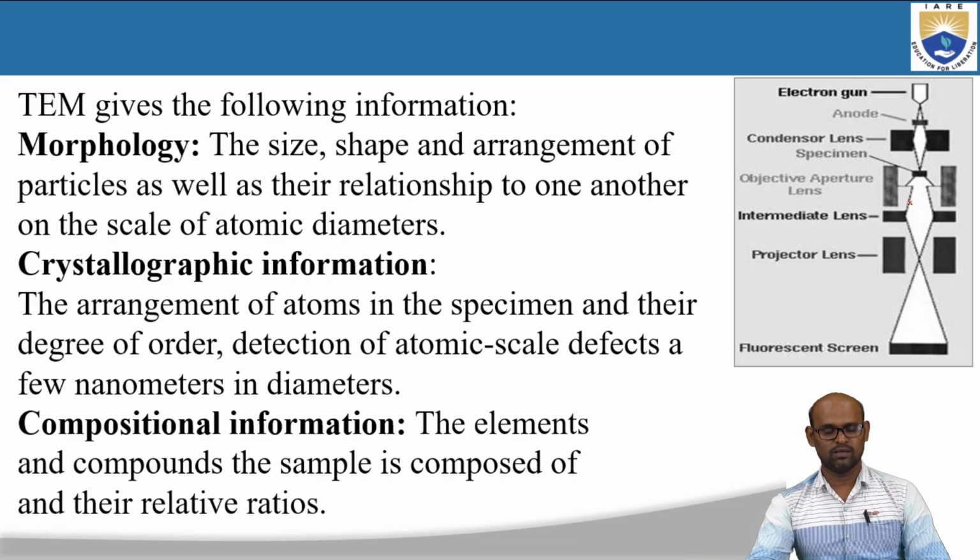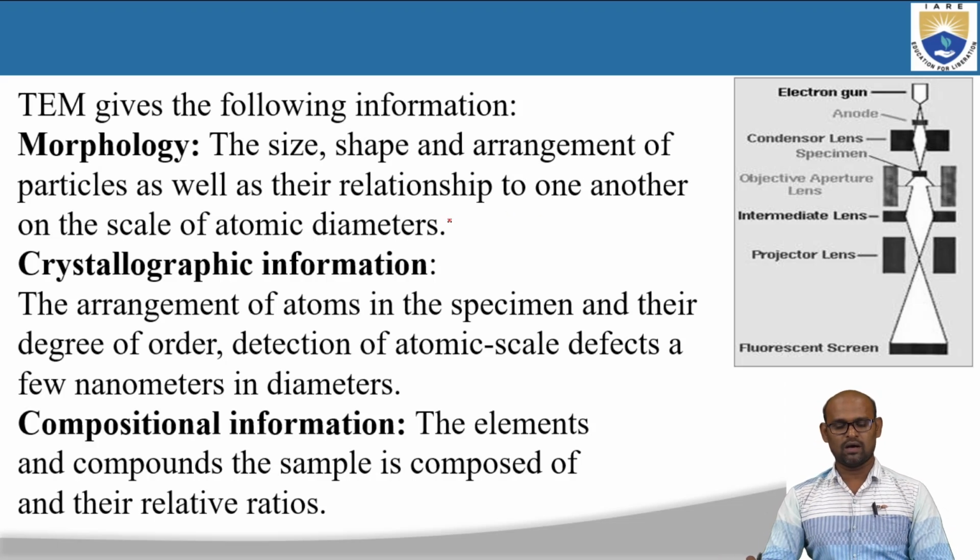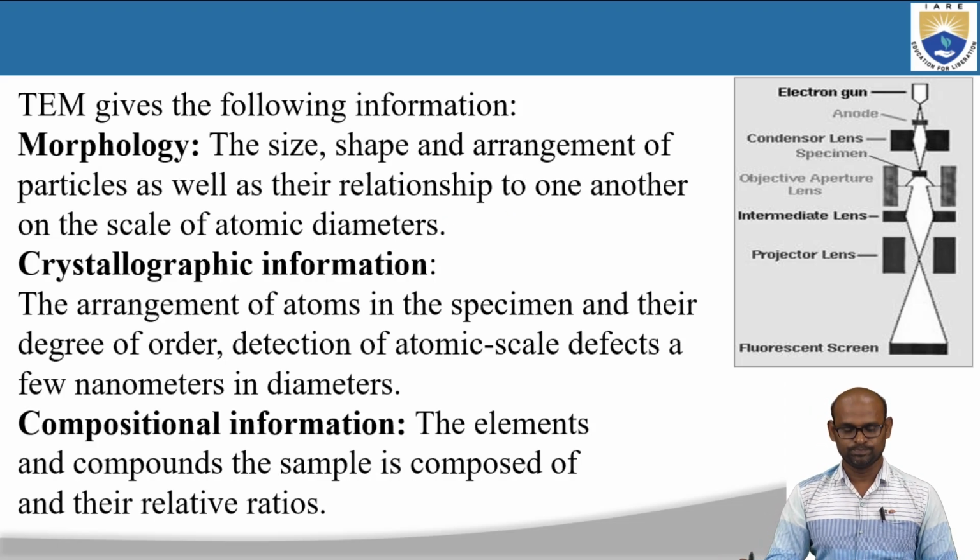So it gives us the following information. Morphology: you can get the morphology information from the transmission electron microscope, which will tell you about the size, shape, and arrangement of particles, as well as their relationship to one another on the scale of atomic diameters.